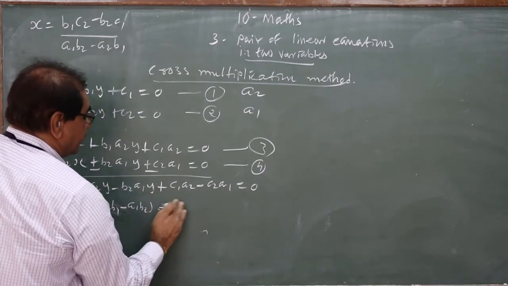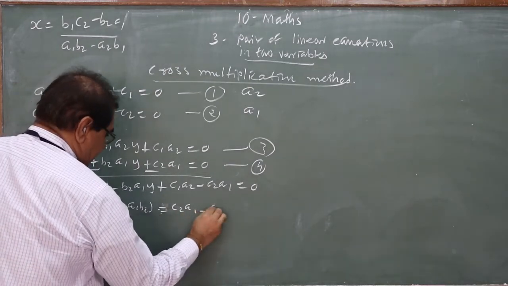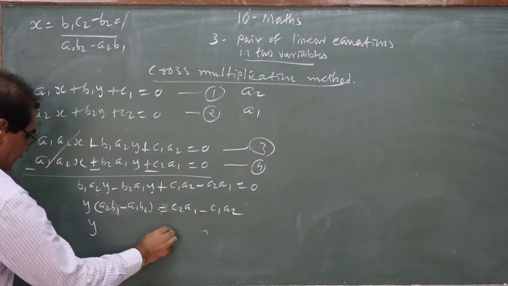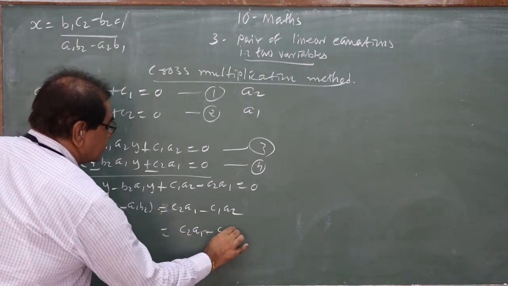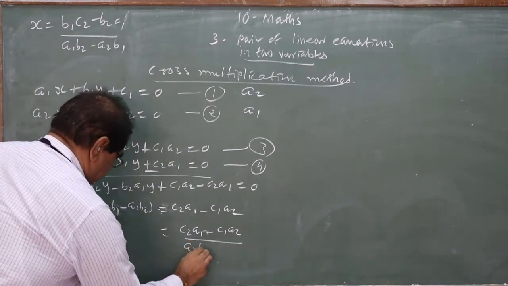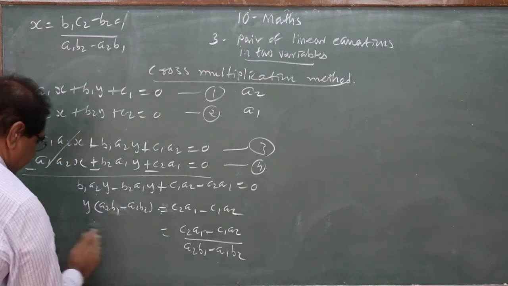So it is c2 a1 minus c1 a2. Okay, so y is equal to c2 a1 minus c1 a2 whole upon a2 b1 minus a1 b2. This can be the value of y.